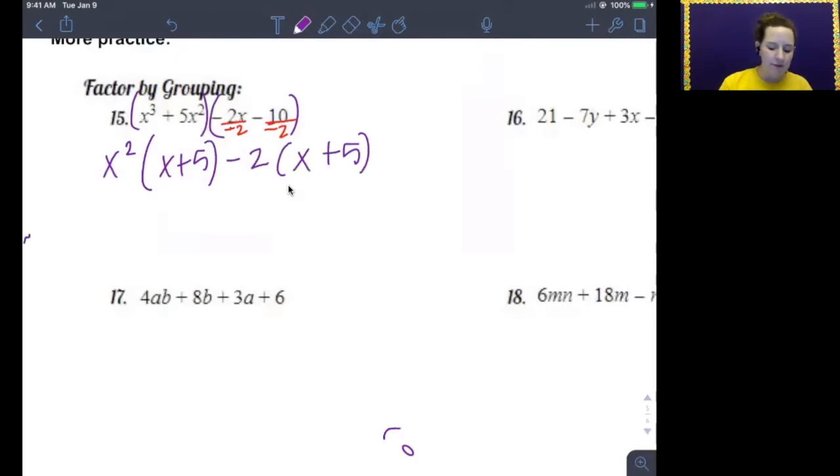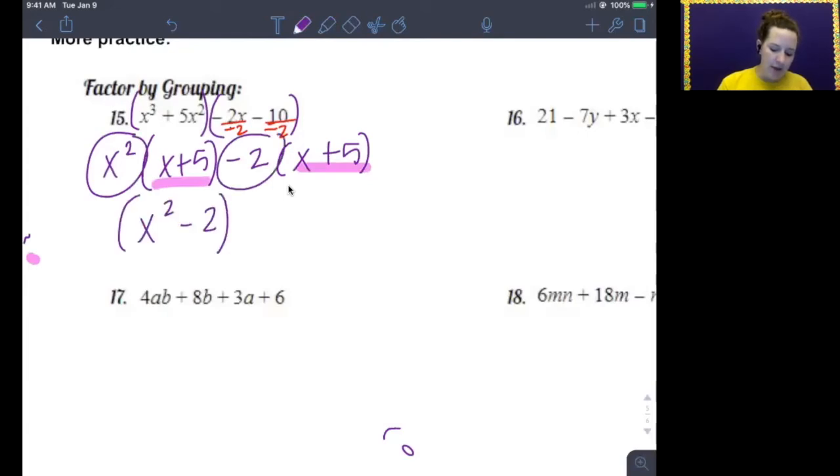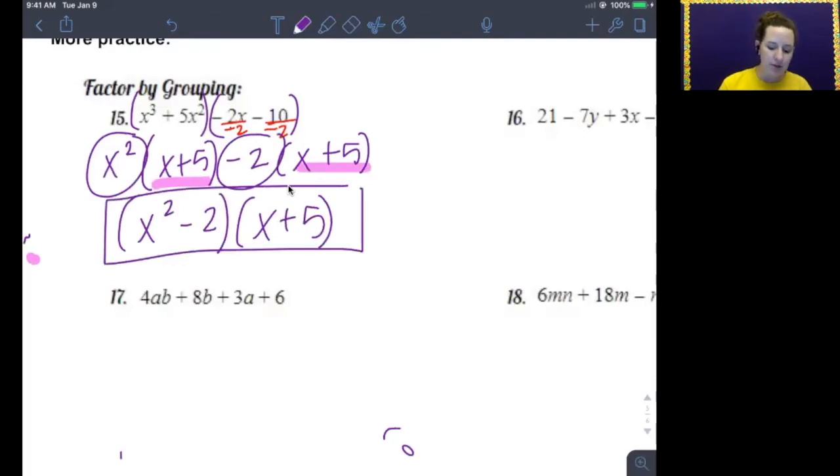See how we have 2 sets of parentheses that match up? That's our goal in grouping, because now we're able to take these outside terms and write that as one factor, and then we have x plus 5 as our other factor. We don't write it twice, we just bring it down once. Because if we distribute it out, I would have x squared times x and x squared times 5, which is what you have with this first set.